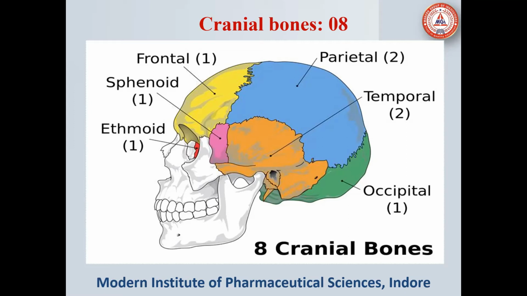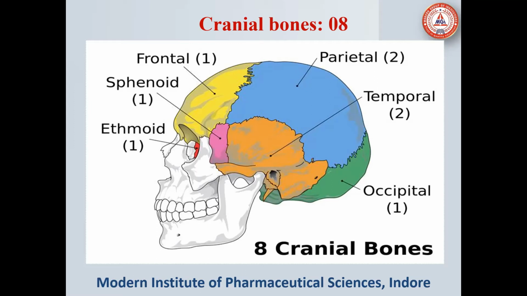The next bone is the occipital bone. This bone forms the back of the head and part of the base of the skull. It has immovable fibrous joints with the parietal, temporal and sphenoid bones.